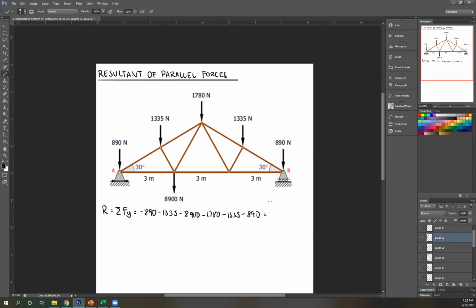Solving for that, you get negative 15,130, or once again, it could be 15,130 Newton downward. Once again, if you're just solving for a value, the sign will dictate the direction. If you're equating two things, two equations, positive means correct assumption. Okay, so first part done.